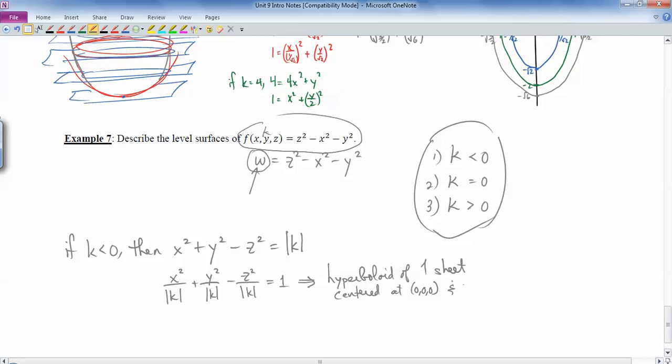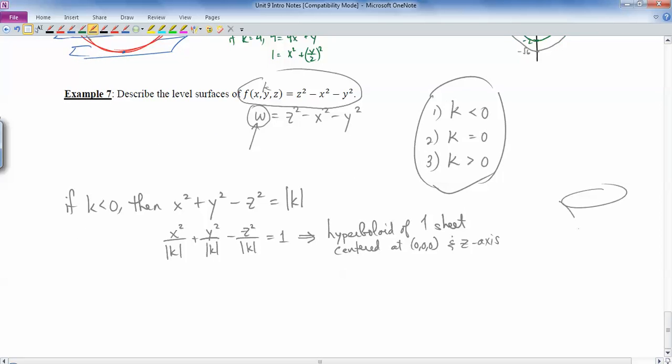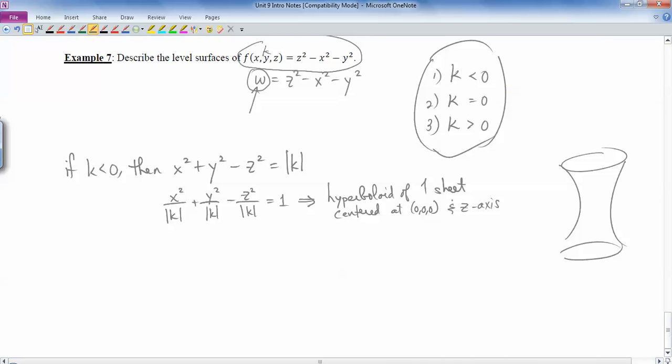And it's actually centered around the z-axis too. Okay, and hyperboloids of one sheet, remember, look like this. Kind of like the nuclear power plant type shape. In fact, nuclear power plants are hyperboloids. All right. If k equals 0, then we get x squared plus y squared equals z squared.